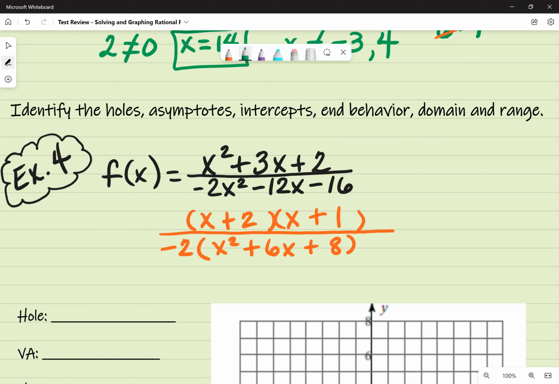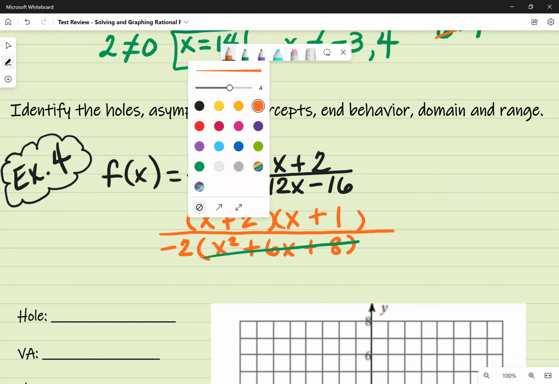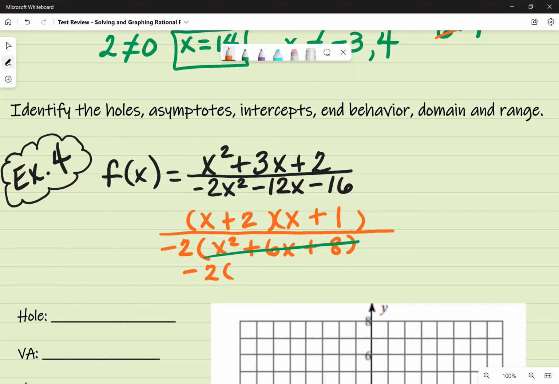If I look inside of the parentheses, that's going to give me -2 times the quantity of x times x, which is x squared. What times what is 8, but will add to give me 6? Again, that one's pretty easy. +2 and +4.